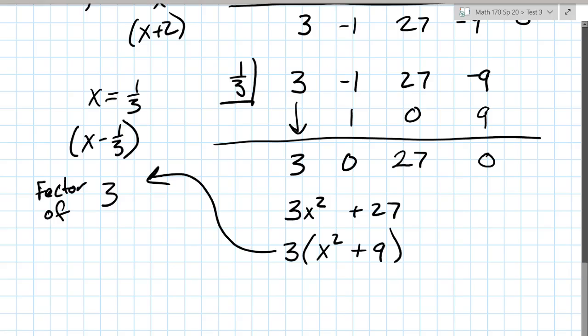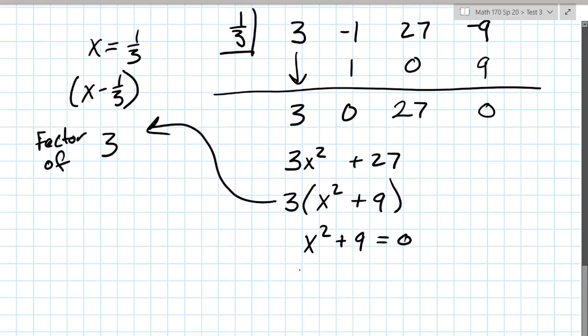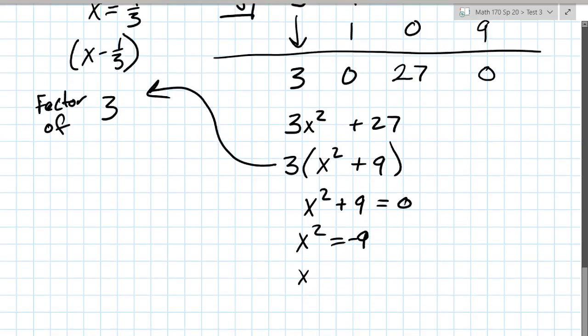That's important. So if I have x squared plus 9 equals 0, and I want to solve this, I get x squared equals -9. Taking the square root of both sides gives us plus or minus the square root of -9, and we know that is plus or minus 3i. So it looks like we have two imaginary roots.